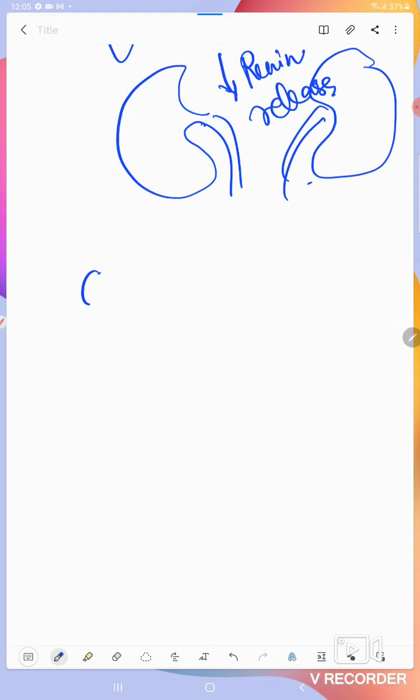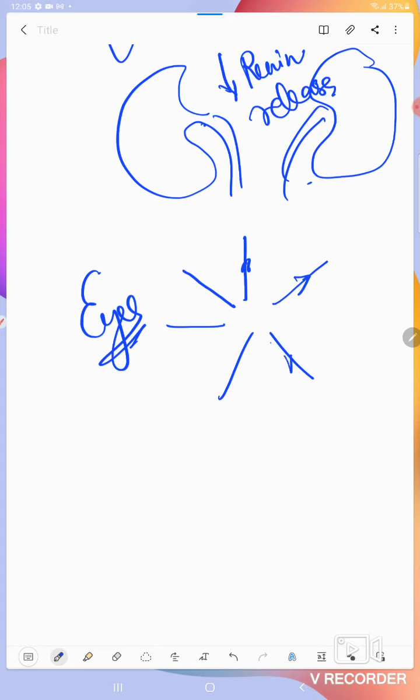Now we have covered most important organs, but there are also a few locations which are left. There are the eyes. In the eyes, it acts on the radial muscles. These radial muscles contract via these alpha 1 receptors, and as they contract, they make the pupil go from here to here.